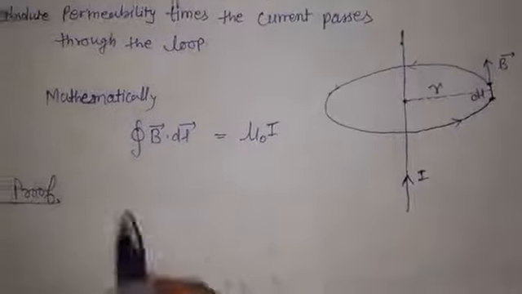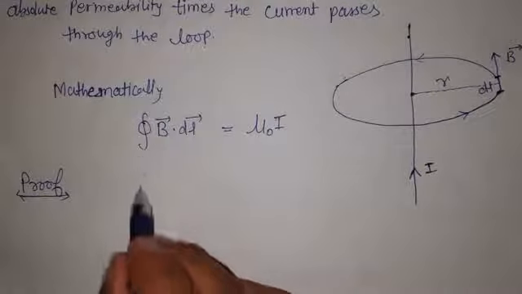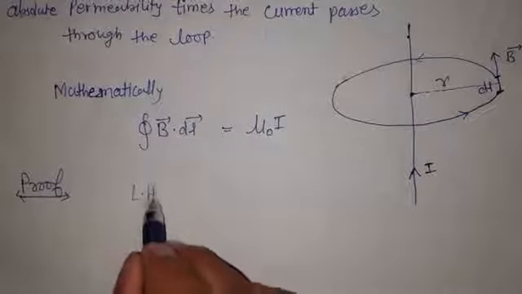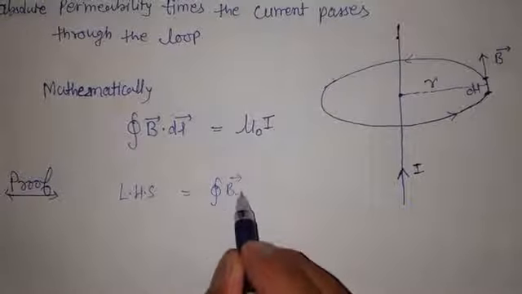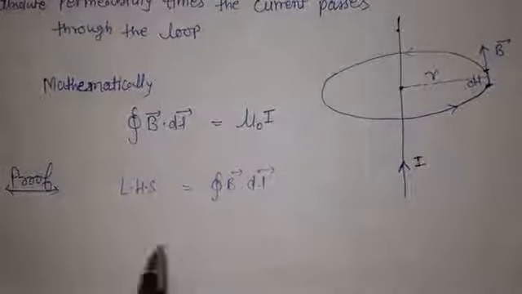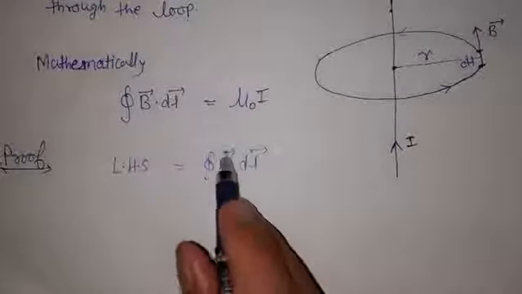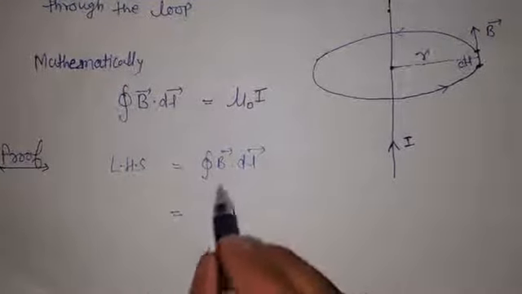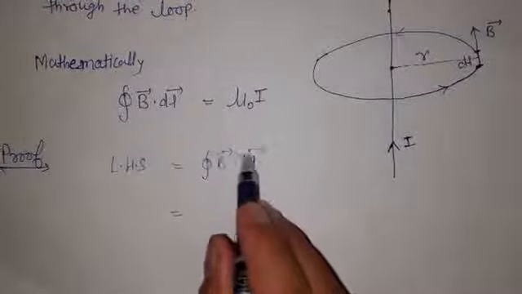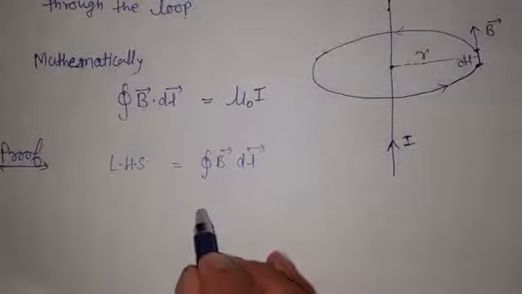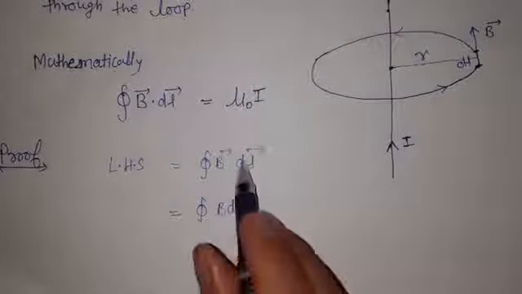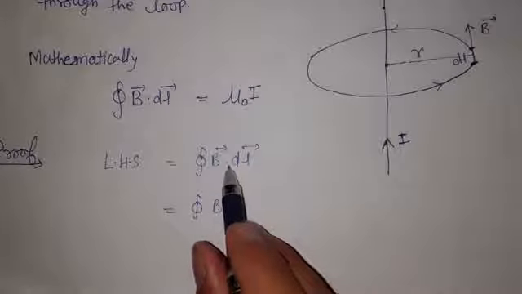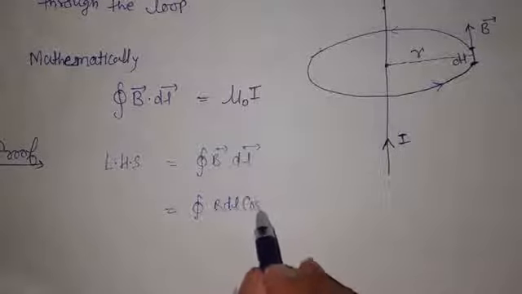So the tangent on this elemental length will give us the direction of magnetic field. Therefore the left hand side is the line integral of magnetic field on this closed loop, given as B dot dl. If I remove the vector, then in magnitude how can we write it? It is B dl cos theta, the magnitude of B, the magnitude of dl, and the dot changes into the angle between them.